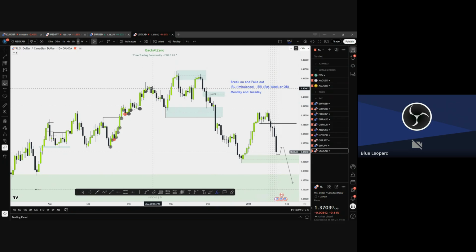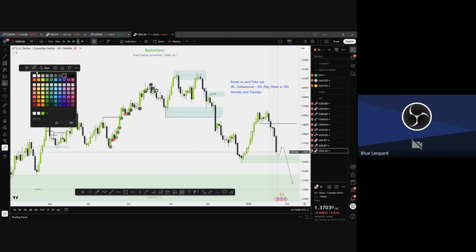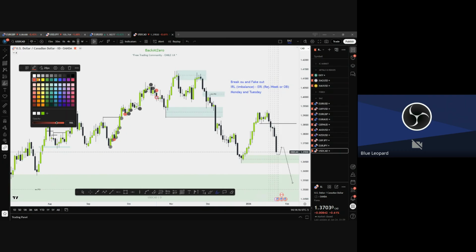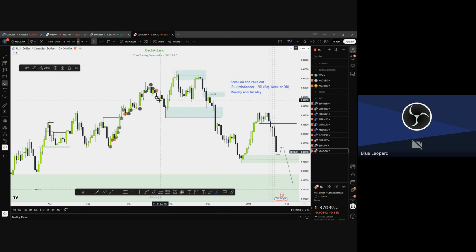As soon as we see here, we could have lost 1, 2, 3 trades. Okay, these 3 trades, we could have lost them. But then we continue bearish. We win again. Another win here, bearish. Another win, bearish.